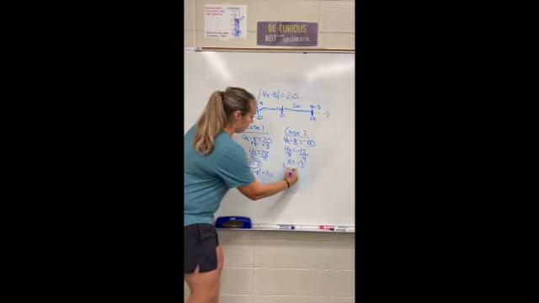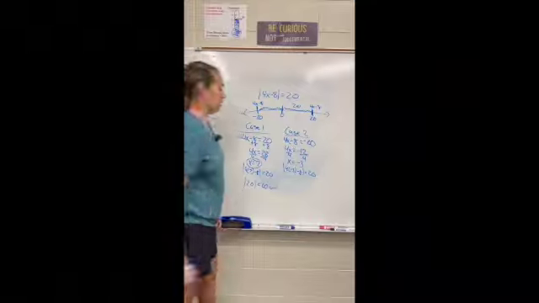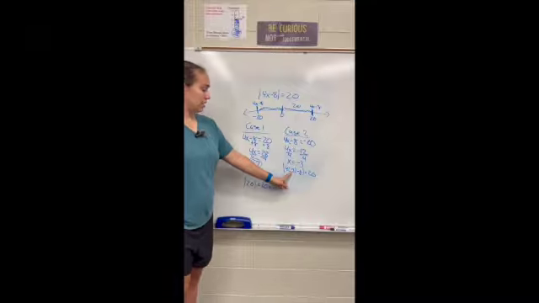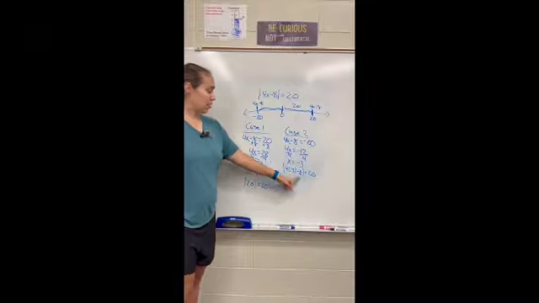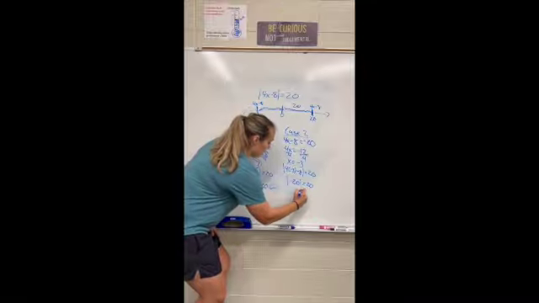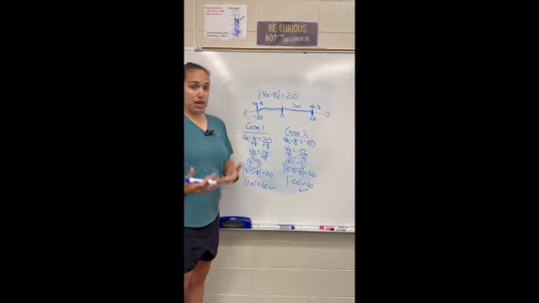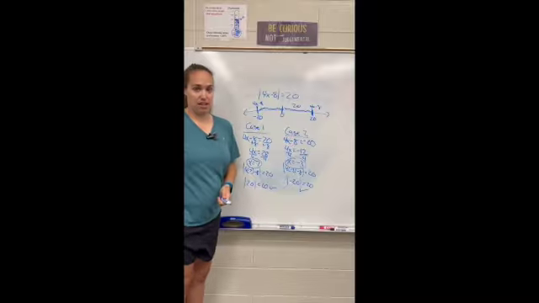So the absolute value of 4 times negative 3 minus 8 equals 20. 4 times negative 3 is negative 12. Negative 12 minus 8 is negative 20. So the absolute value of negative 20 is equal to 20. Yes, that is a true statement. So this equation has two solutions. X can equal 7 and x can equal negative 3.